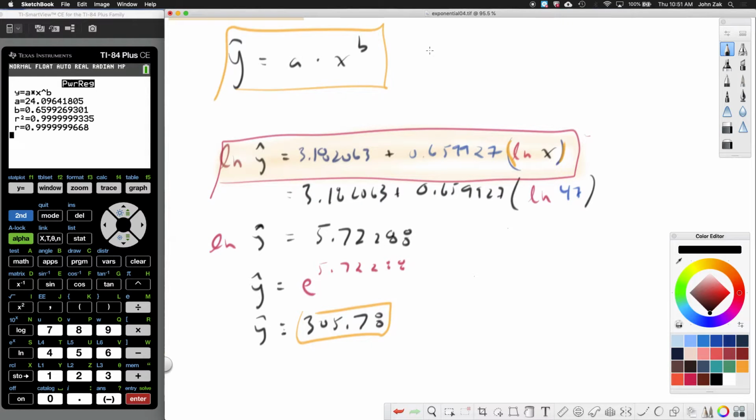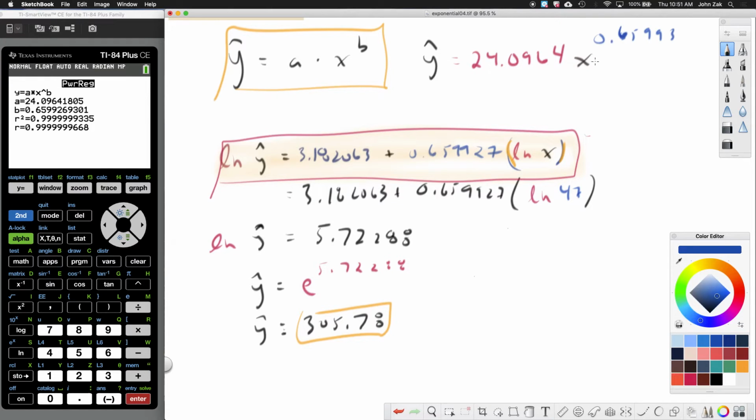So according to the calculator, the correct equation here would be y hat equals about 24.0964 times x raised to the 0.65993 or so.